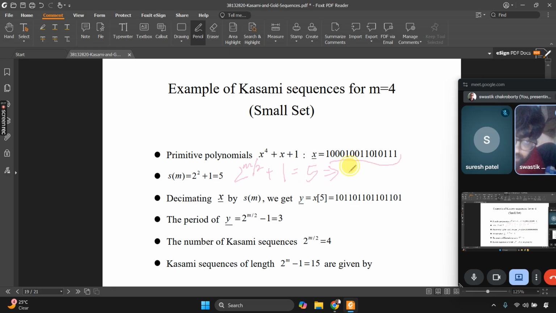This Sm is your decimating factor. So 5 is your decimating factor, so you have to decimate this sequence by 5. So if you decimate this sequence by 5, wait a minute.